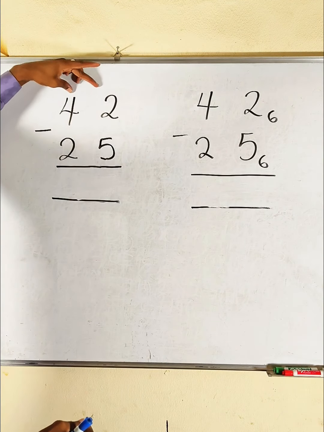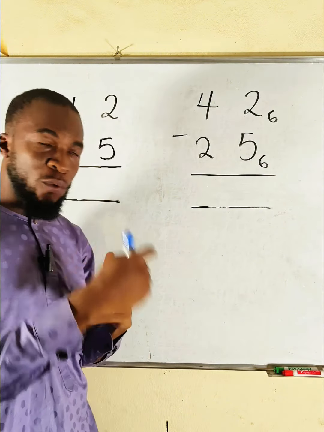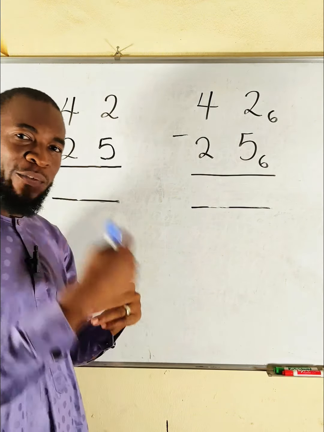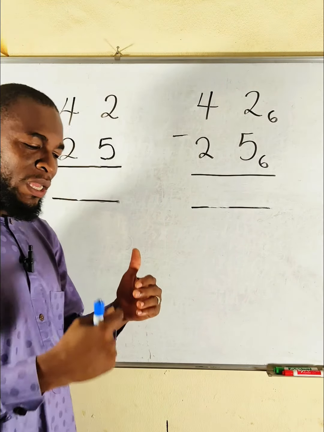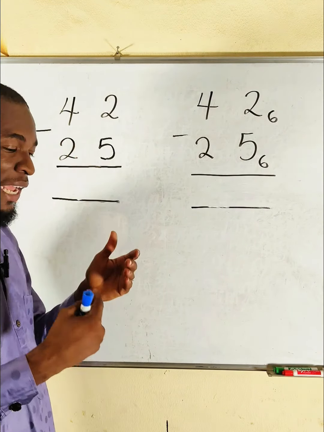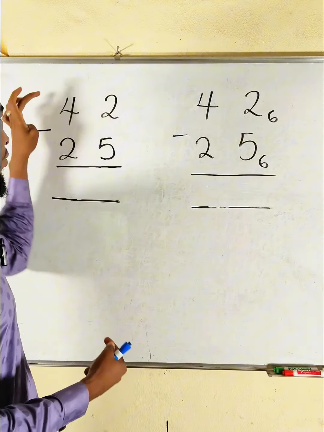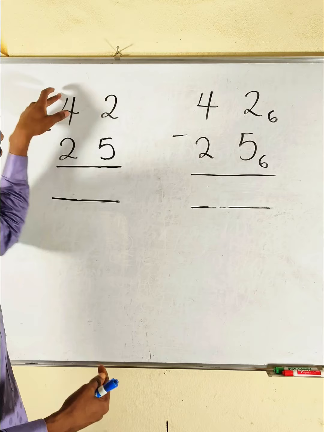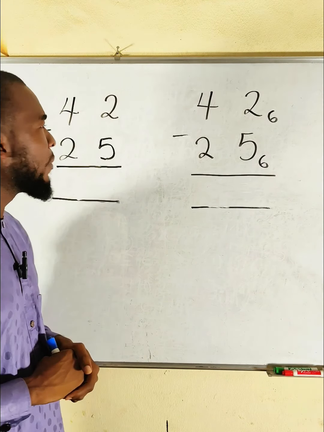Remember, if we should continue counting this 42 after 50, the next one will be 43, 44, 45, 46, 47, 48. The moment it reaches 49, that 9 will turn to 0 and the next digit will be taken to the tens part, and that will make it 5, making altogether 50.